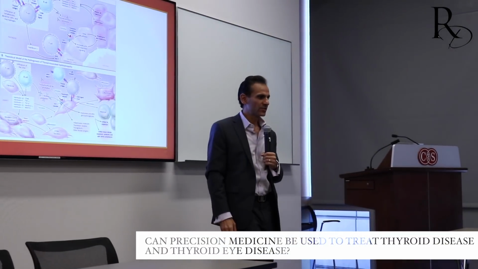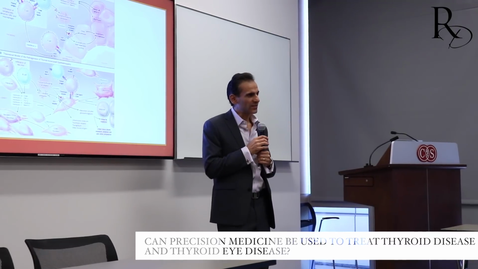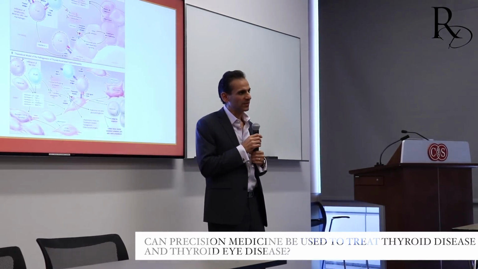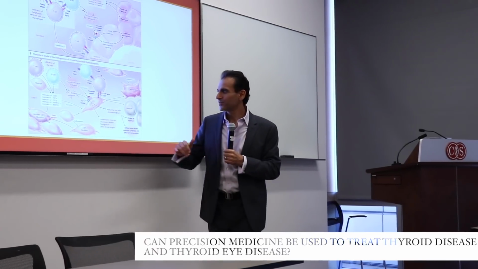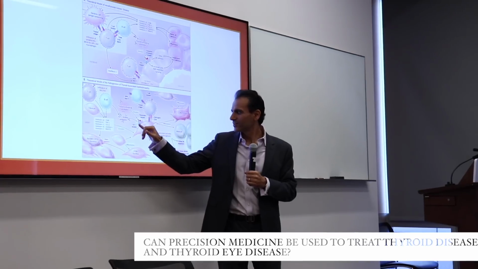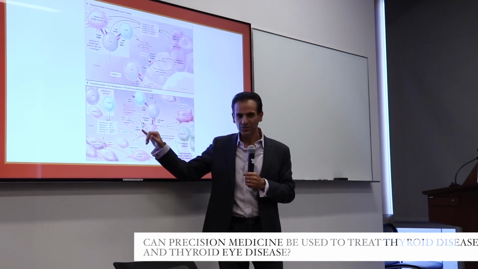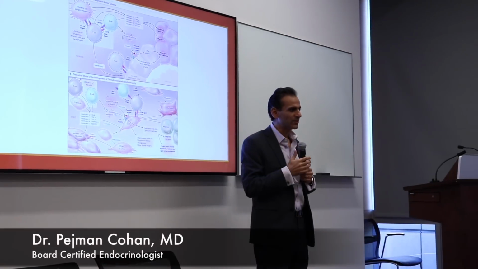So I think precision medicine is already happening as a treatment for the eye diseases, on the threshold of being approved. If I was doing this presentation 30 years ago, this little segment about the IGF-1 receptor would not be on this diagram. Correct me if I'm wrong. It wouldn't be there.